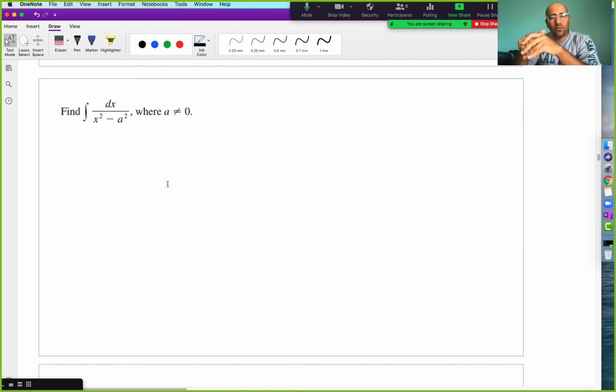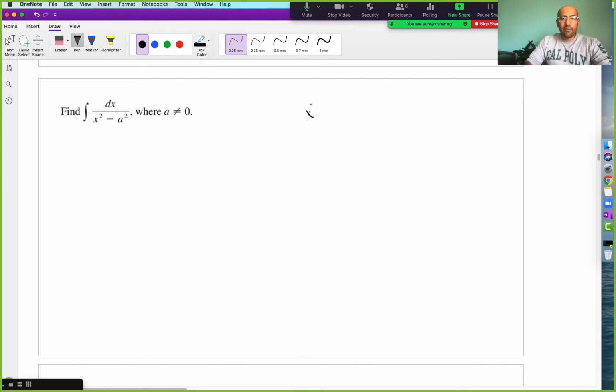So the fact that the root's not there complicates life a little bit. So let's try it by this partial fraction decomposition. Again, I'm not suggesting it's the only way to do it or that it's even the easiest way to do it. It's just a way to do it, and we're practicing this method, so might as well try it out. Okay, so first of all, we want to factor this guy.